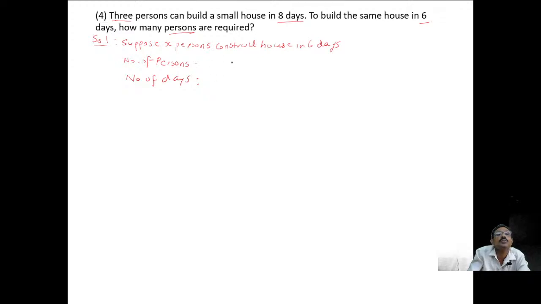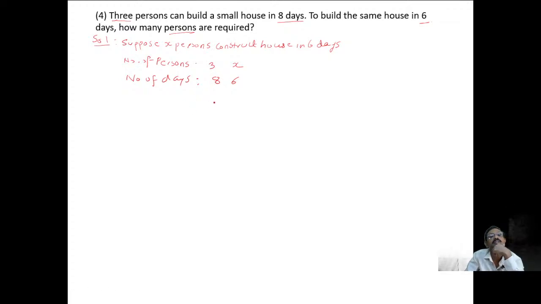Okay. So, 3 persons are taking how many days? 8 days. And the same house in 6 days, how many persons are required? We said that X persons are required. If you see here, yesterday we studied direct variation and inverse variation.